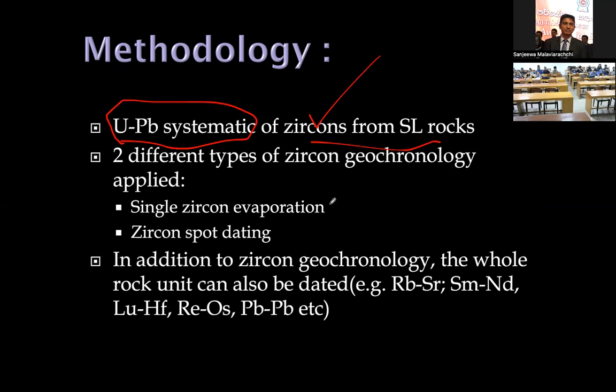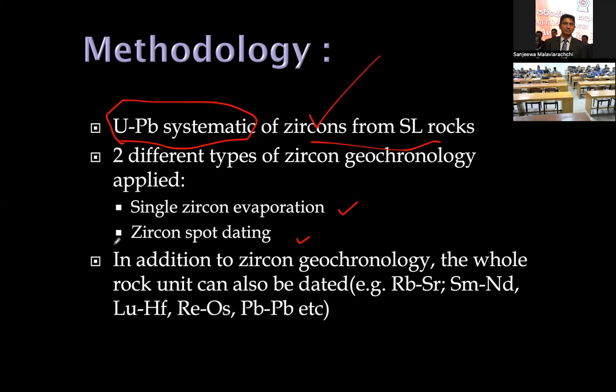So as I said, there are several methods, but two of them are very popular in the recent past. One is single zircon evaporation, and the other one is zircon spot dating. In the case of zircon evaporation, all the zircon grain is dissolved, and then that solution is used for isotope determination.